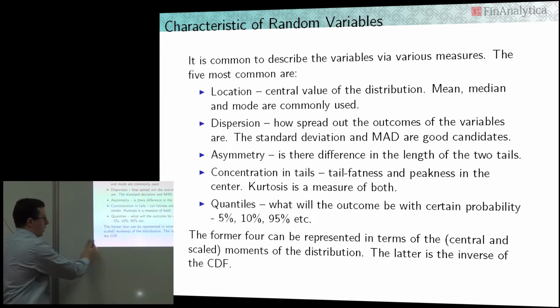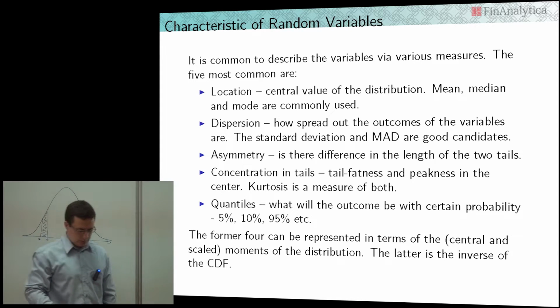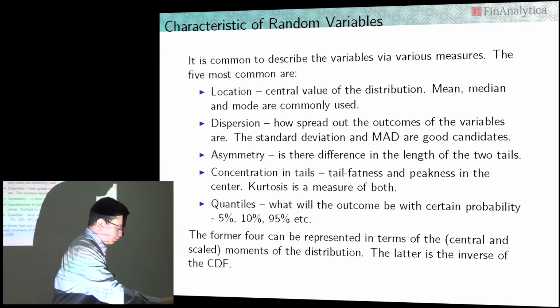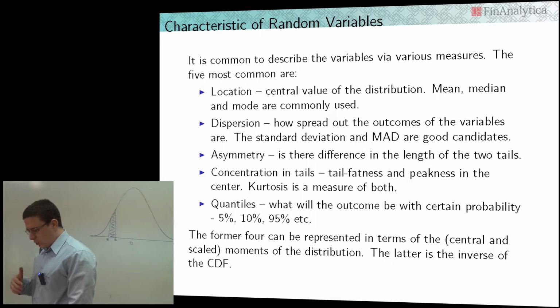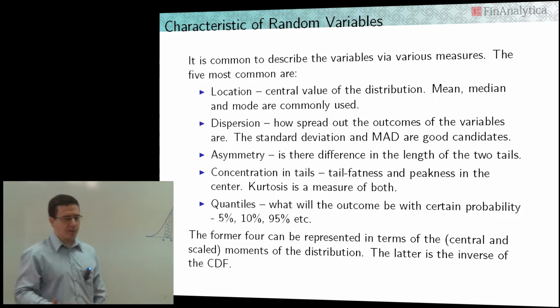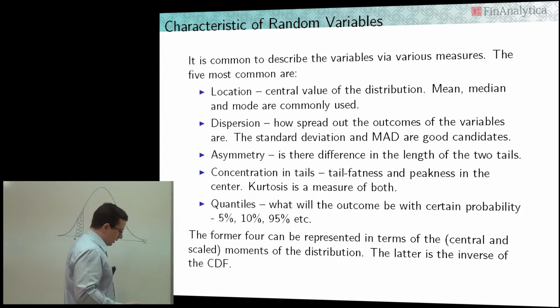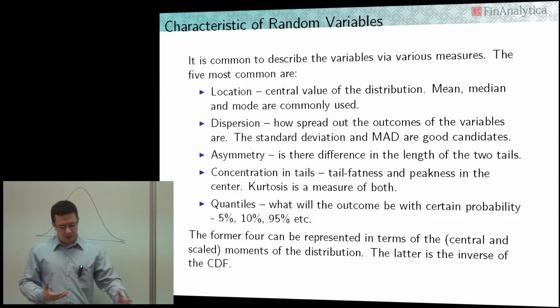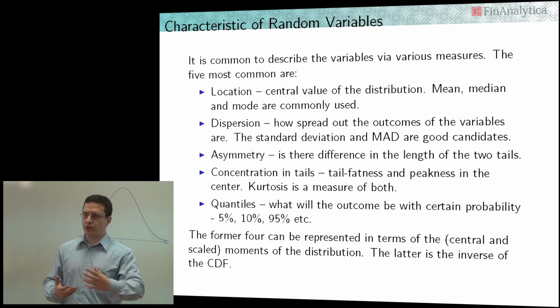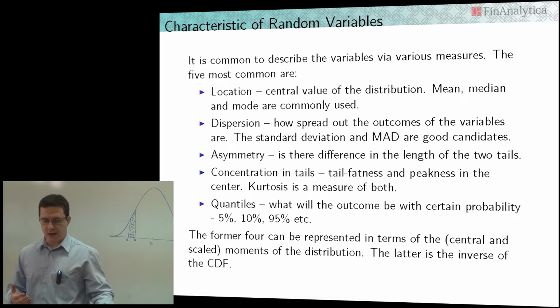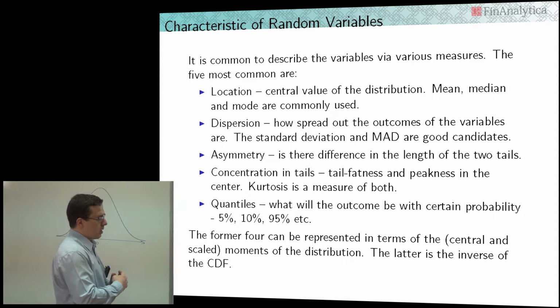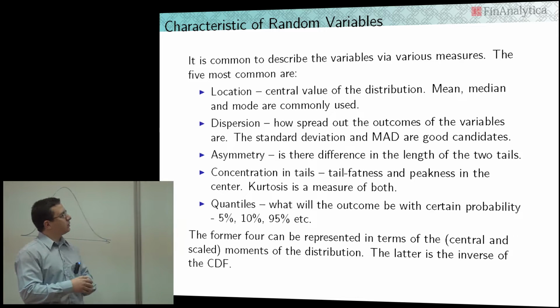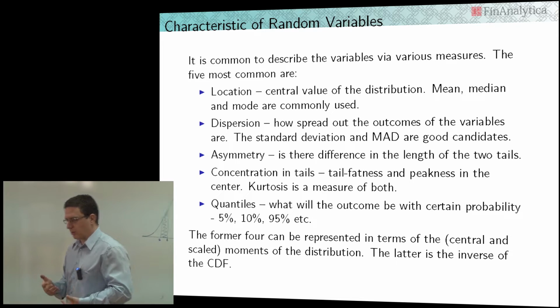Now, if we know the CDF or the PDF, we know everything there is to know about the random variable, but it's a little bit difficult to imagine the function and all the values that it can attain and areas under the curve and whatnot. That's why we usually describe the variables with certain measures.